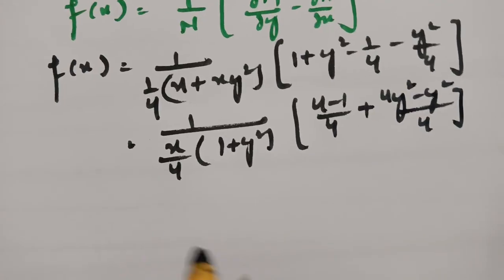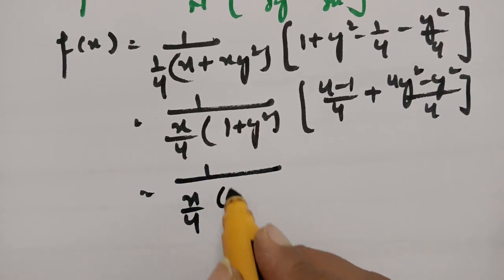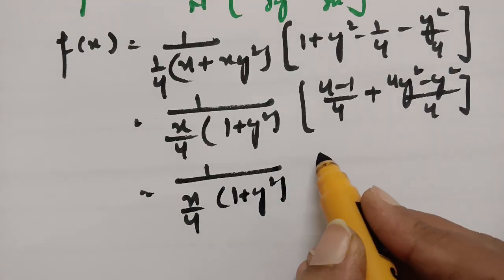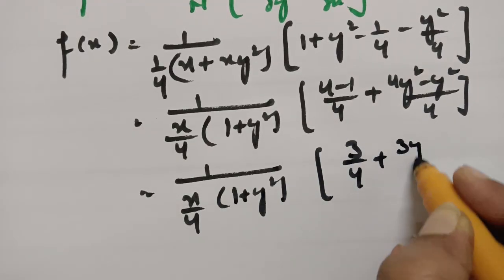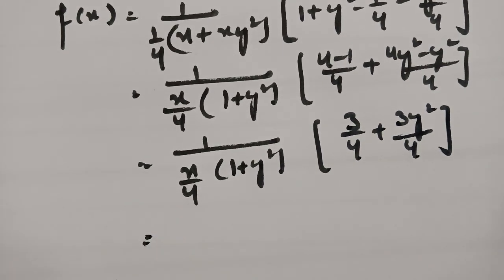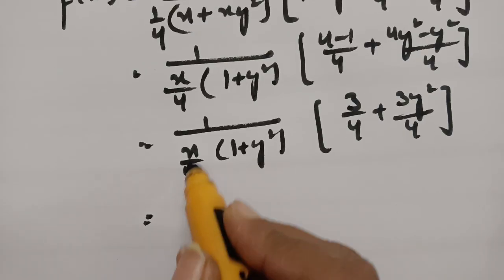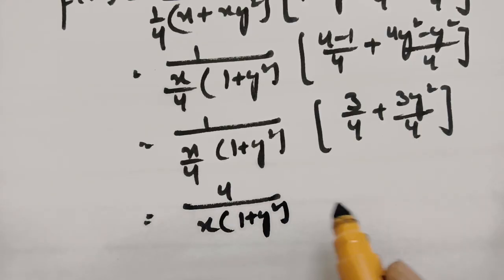Clear? And see, this can be written as 1 by x power 4 into 1 plus y square. And see, this value is 3 by 4 plus 3y square by 4. This can be written as 4, if I send it up in the numerator, x times of 1 plus y square.